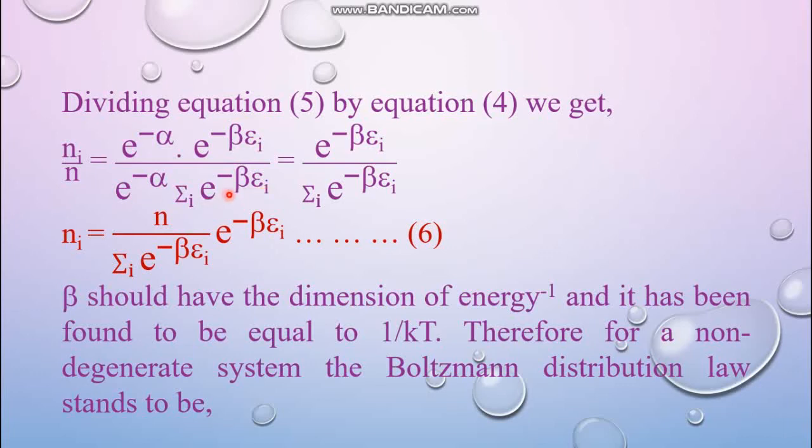So we are just eliminating the arbitrary multiple alpha by dividing equation 5 by equation 4, and this way we can arrive at this form.